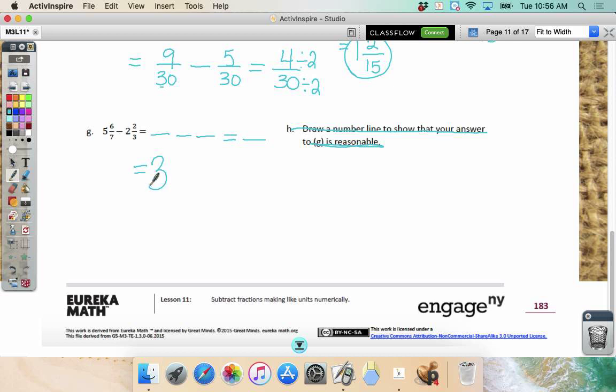Okay? So that's the main difference on that one. Now, did you see what I did? I just did 5 minus 2 equals 3. And I wrote the 3 down. Are you okay doing it this way? Anybody confused? No. Okay, so you know what I just did? I subtracted the whole numbers before I started. Okay, so my common denominator, what is it? 21. Okay, go ahead and finish this problem.